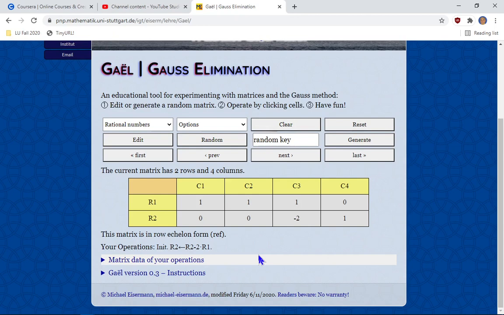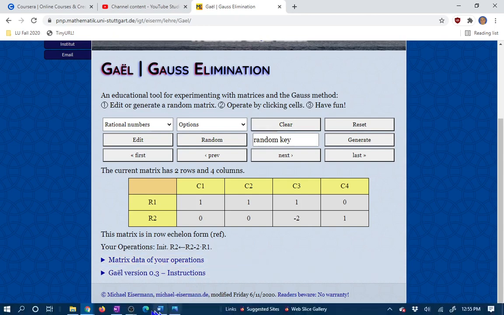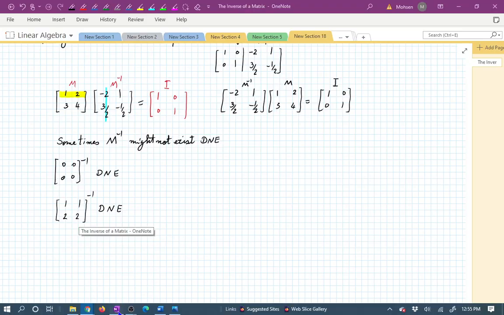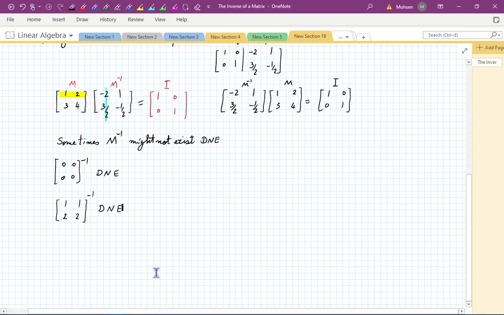So in general, when is it that the process breaks down and we have a situation where there is no inverse? If you have a matrix and you perform Gaussian elimination, you make this into a 1, and then say you succeed in making the bottom ones into 0.